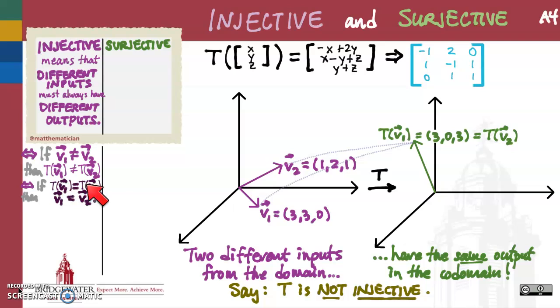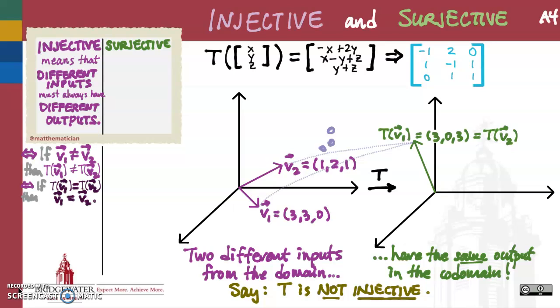We can't have two vectors having the same image unless those two vectors were the same vector to begin with. That is an equivalent framing, but it's one that's a little bit easier to work with because having these equal signs here gives us criteria that we can work with in a proof, for example. So a one-to-one function, a one-to-one linear transformation, an injective linear transformation, is one where different inputs always have different outputs.